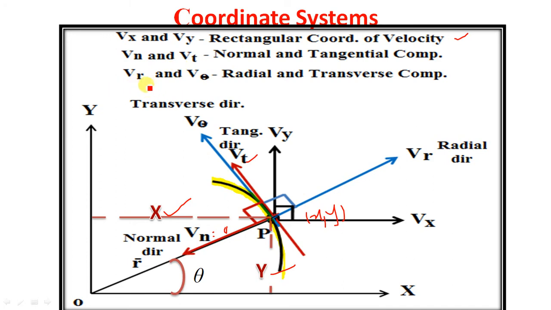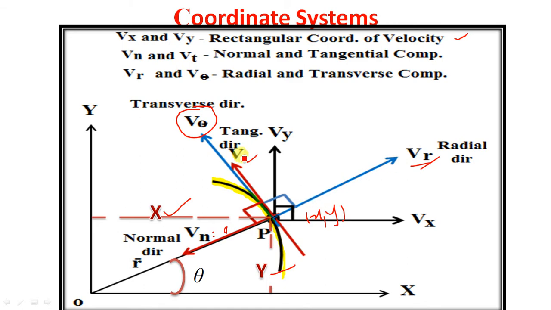Then the radial and transverse coordinate system or polar coordinate system, that is the r theta system. In that case, this particle is moving with a certain velocity. Its velocity is represented in two different directions. Along the radial direction it is represented by vr, and the component which is tangential to the path is represented by v theta.